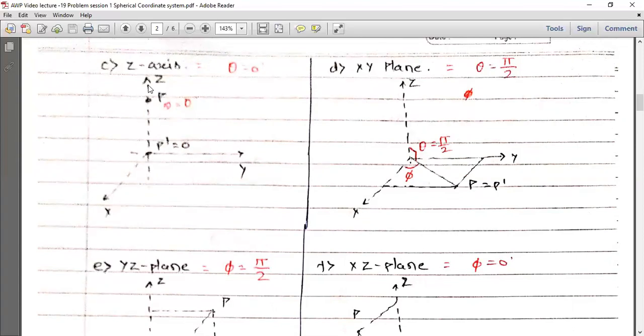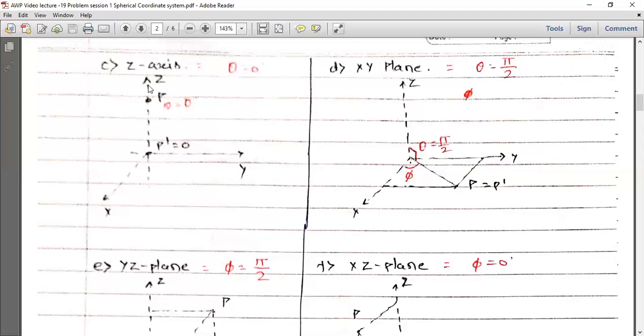For finding the third coordinate, we draw a projection from point P to the xy plane. Since the point is lying on the z-axis, drawing a perpendicular from point P to the xy plane will intersect the xy plane at the origin.